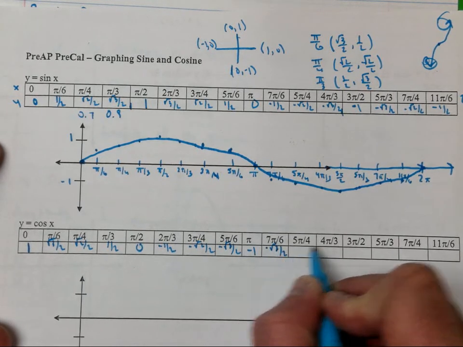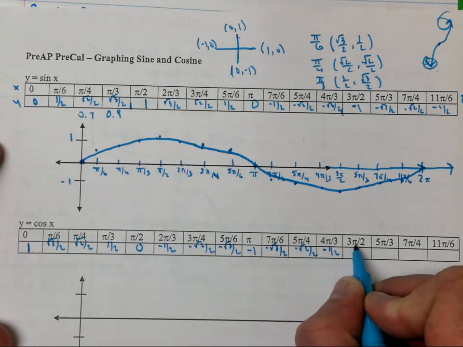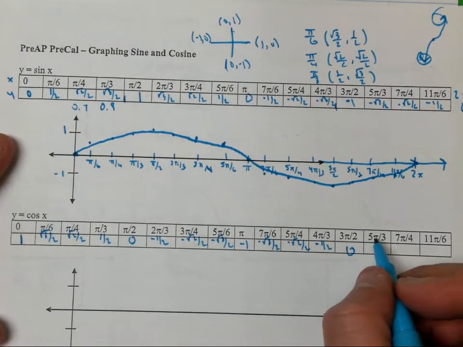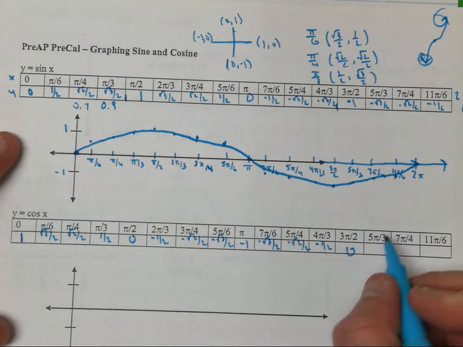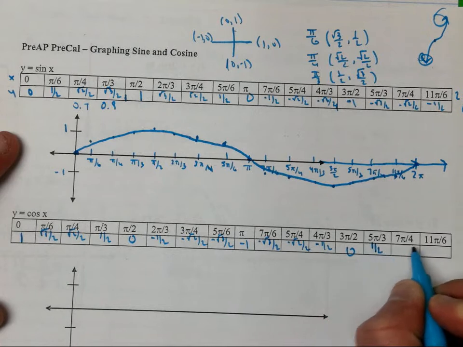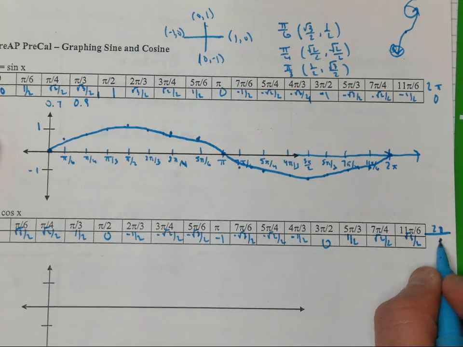Negative square root of 3 over 2, negative square root of 2 over 2, negative 1/2. 3 pi over 2, it is 0. 5 pi over 3, remember, in fourth quadrant, your x is positive, going out to 2 pi.